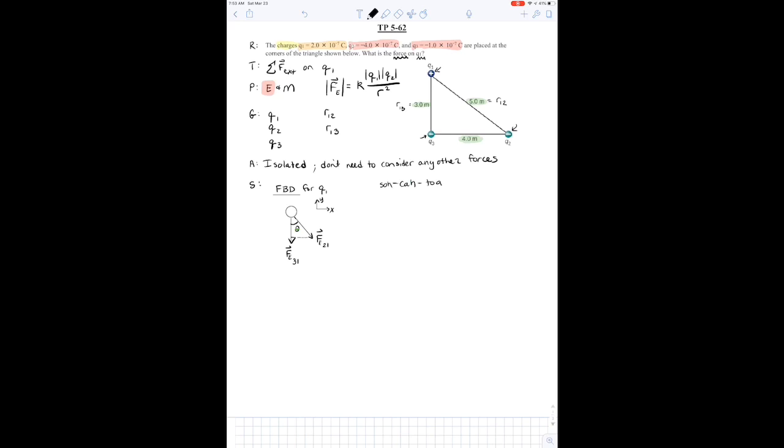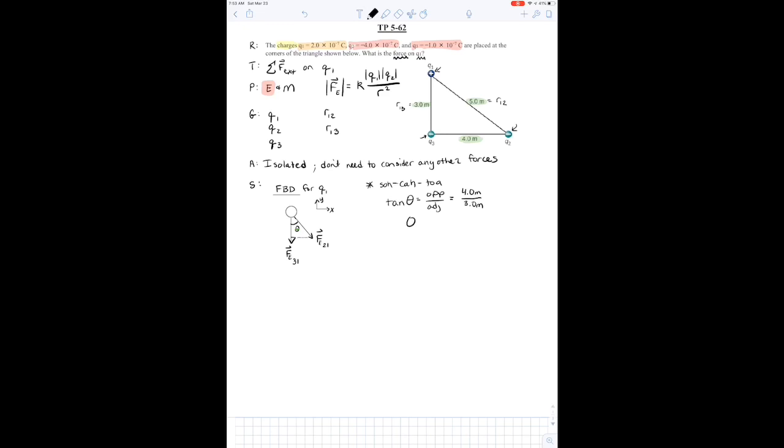And I like using TOA the best. So I'm going to do tangent of theta is equal to opposite over adjacent, which is equal to 4.0 meters divided by 3.0 meters.